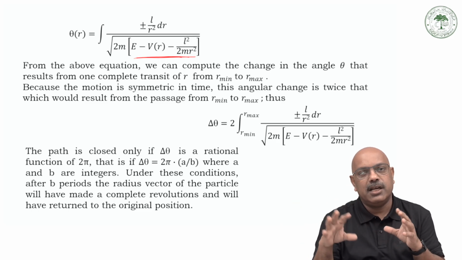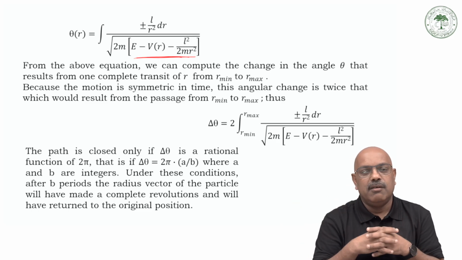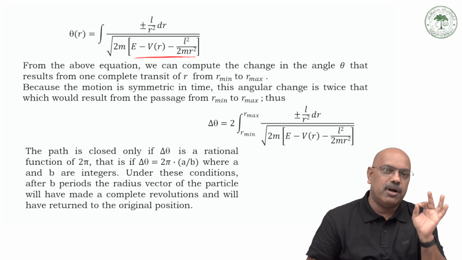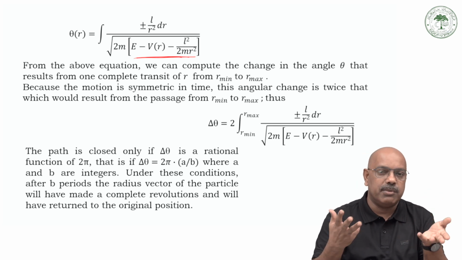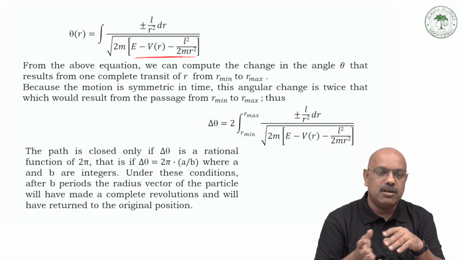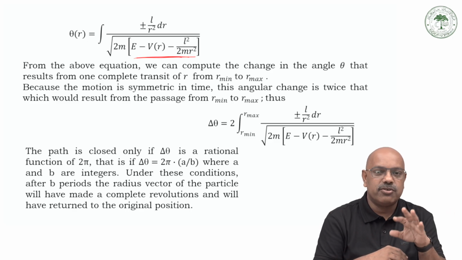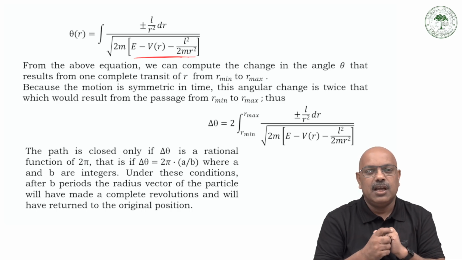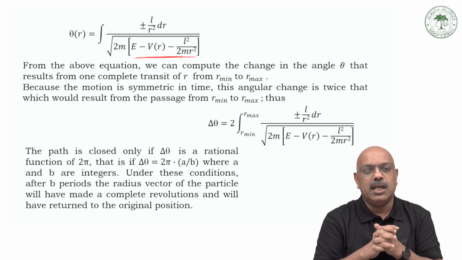On the basis of the radial velocity component, we decided whether it has one root or two roots, r maxima and r minima, and from there I can decide in reverse the angles corresponding to the complete transition between r maxima and r minima.